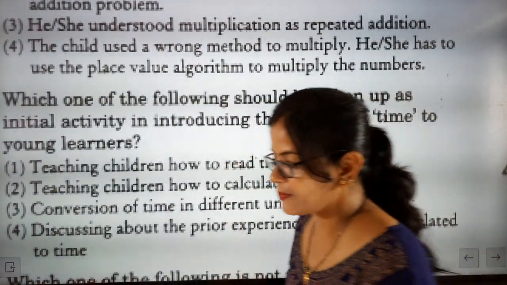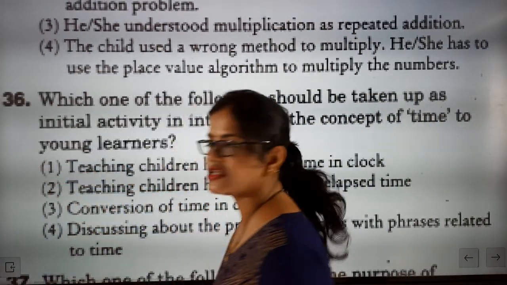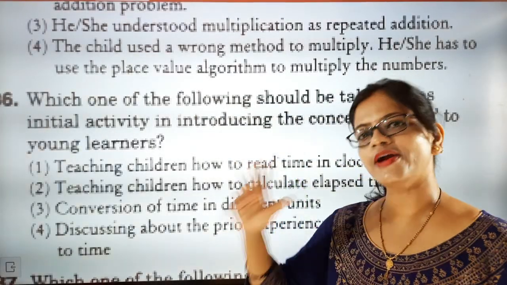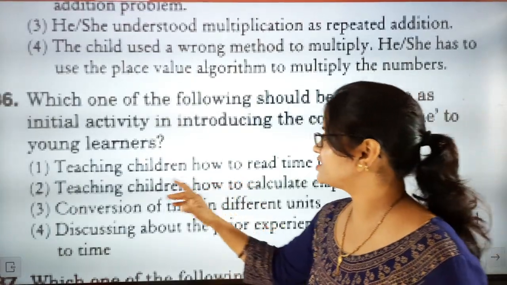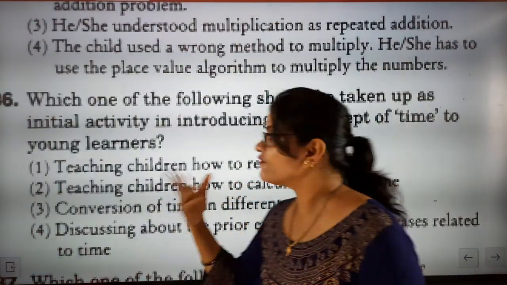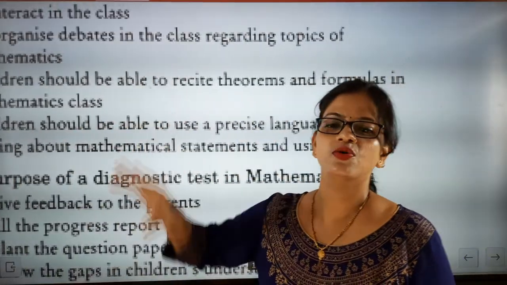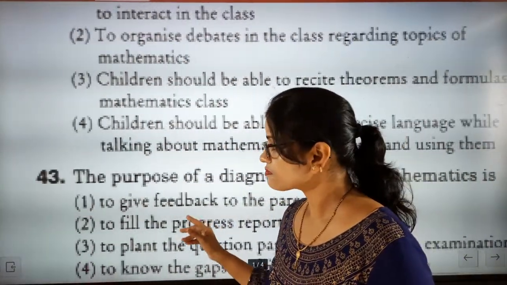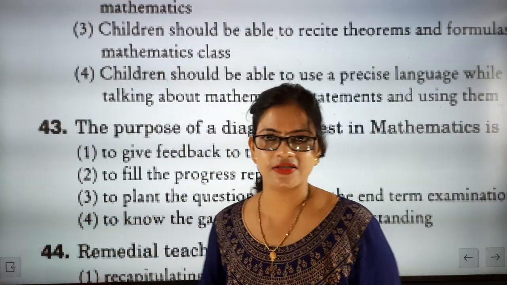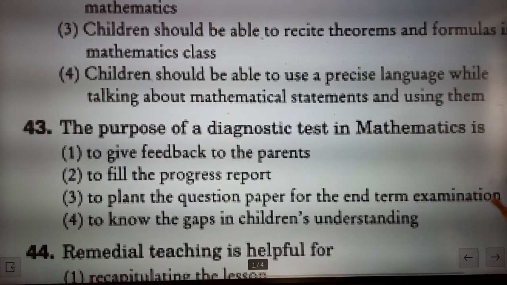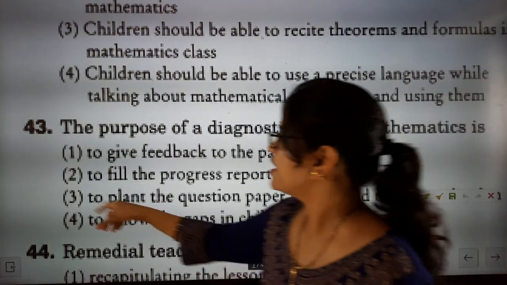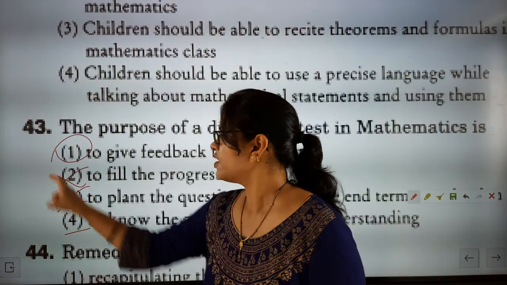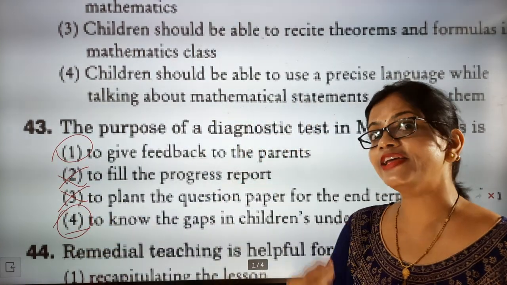Usually what happens when we write an examination is that our focus goes to the first one, and we forget all the 4 options, and teaching children how to read time in a clock gets set in our brain and we say this is the only answer, because we are so focused on the first point. But the 2nd and 3rd points you cancel. The 2nd and 3rd points will not be taken. Now 1st and 4th, because 1st and 4th are very very important for young learners.